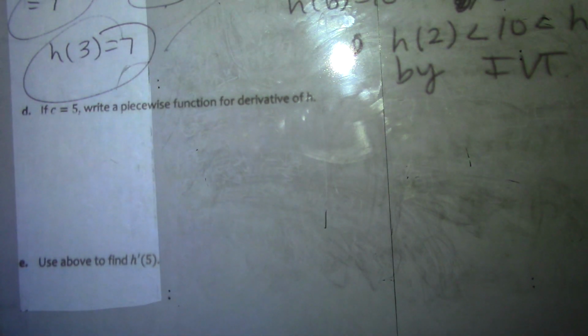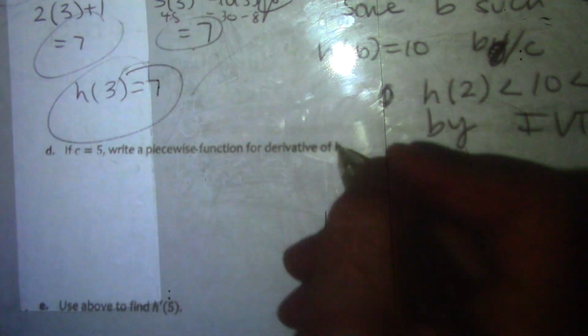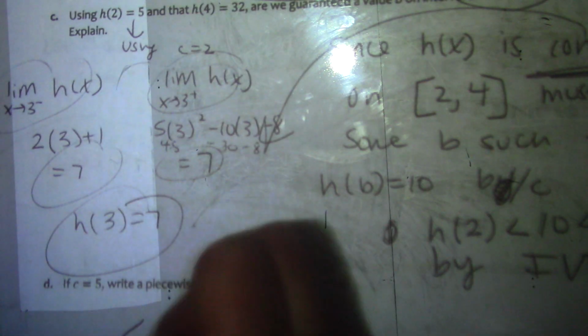Alright, if c equals 5, write a piecewise function for the derivative, so h prime of x. We're going to break down our derivatives. This derivative is going to be 3/2 x squared plus 2. The middle derivative is just going to be the value of c, because the derivative of this is 5x, the derivative of 5x is just 5.